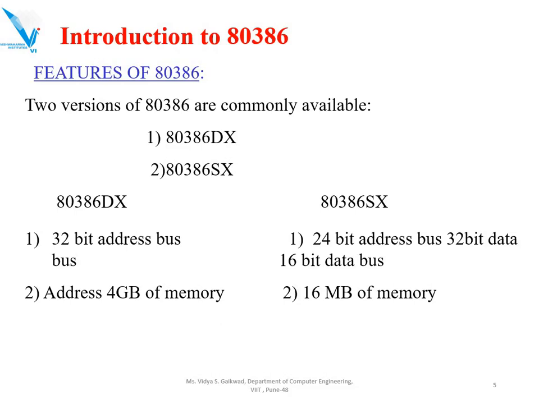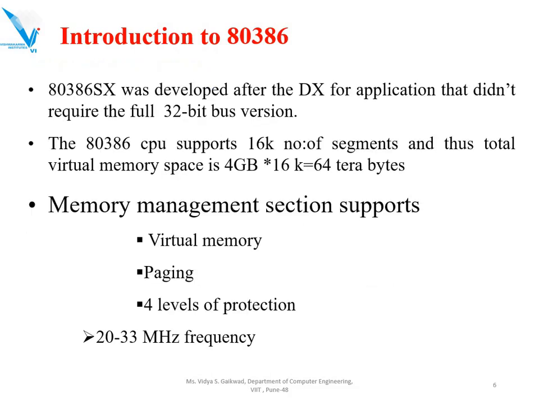In DX, the addressable memory size is 4 GB, while in SX, the memory size is 16 MB. This SX version was developed after the DX for applications that didn't require the full 32-bit bus version.